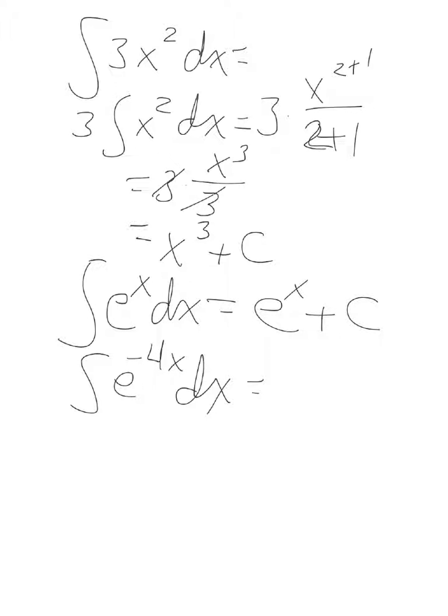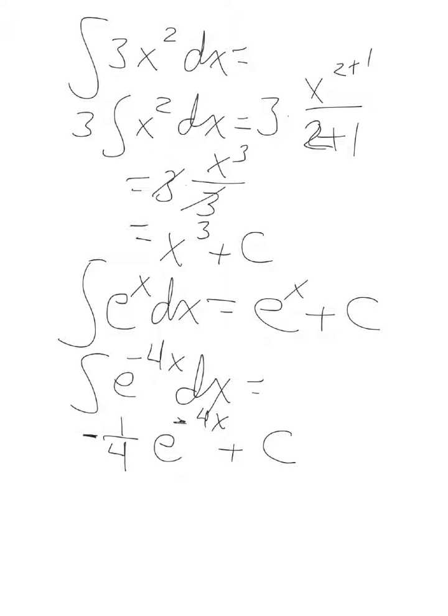So in order to make it work out, I need to think about that power here. So this is going to be minus 1/4 e to the minus 4x plus c.